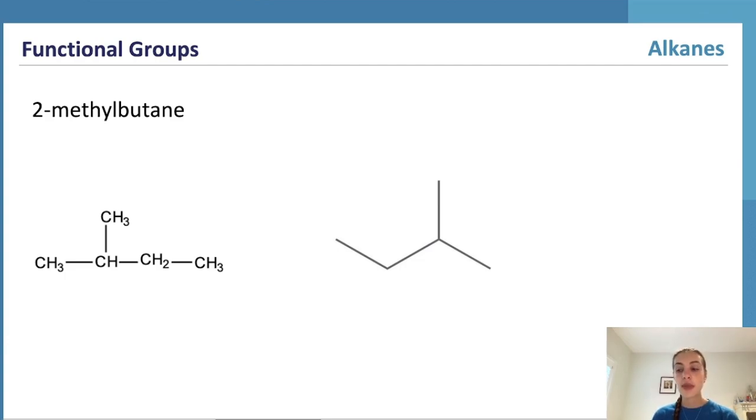Basically, what these are is we've got a carbon, and we're just saying that these 3 hydrogens are bonded off this carbon here. It's not necessarily anything different from the other one, it's just condensed down so that you can draw them in a smaller space.